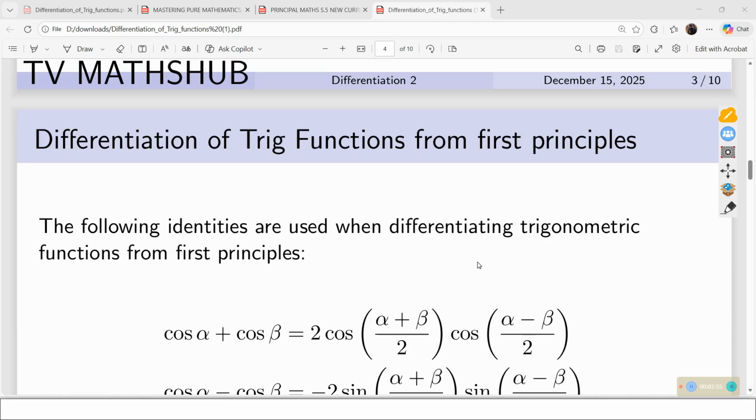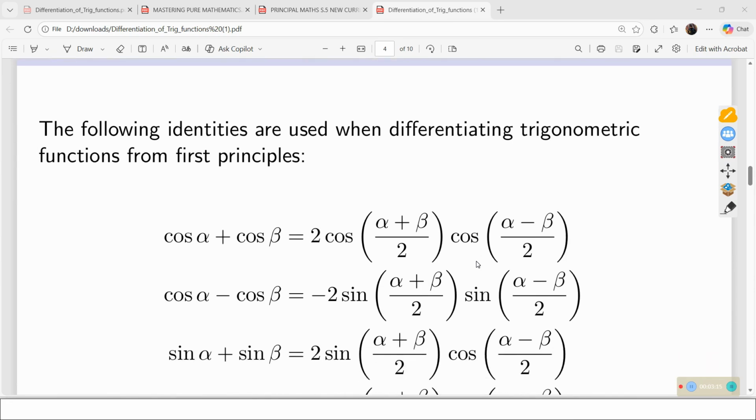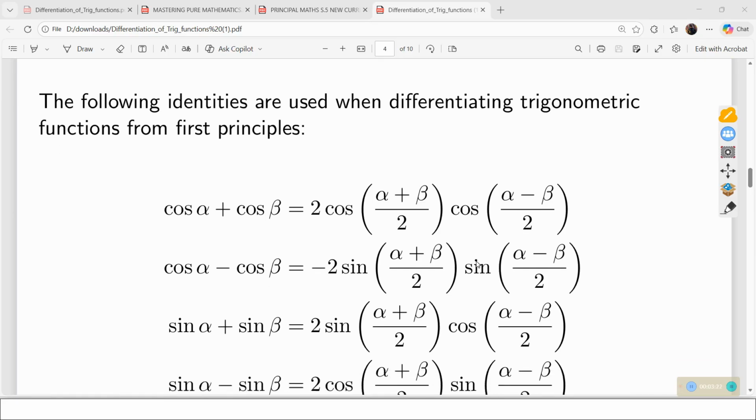So in this session, basically we shall be talking about differentiation of trigonometric functions, and we shall look at that by looking at differentiation from first principles. And to look at differentiation from first principles, we need to use the following identities. These are some of the identities we need to use when we are differentiating trigonometric functions from first principles.